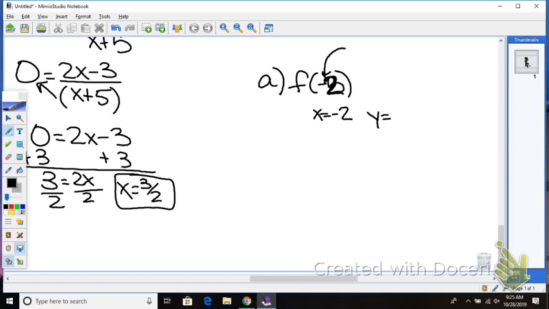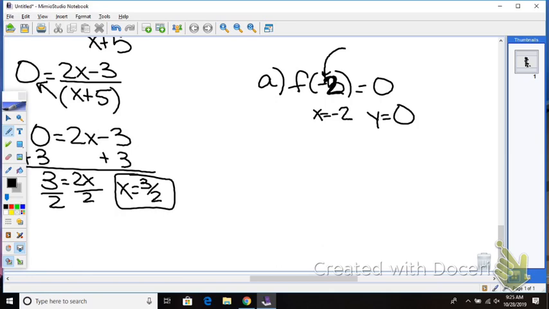Negative 2 is the x value, but it's on the x-axis, which is 0. So in this case, our y is 0. So f of negative 2 is equal to 0. That's our output.